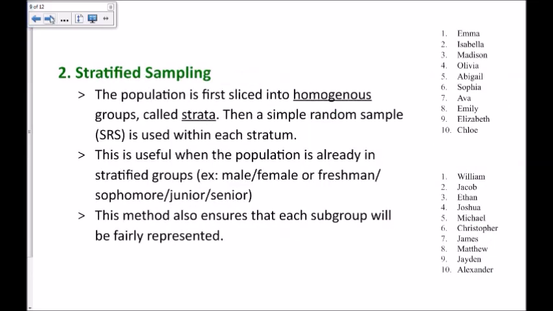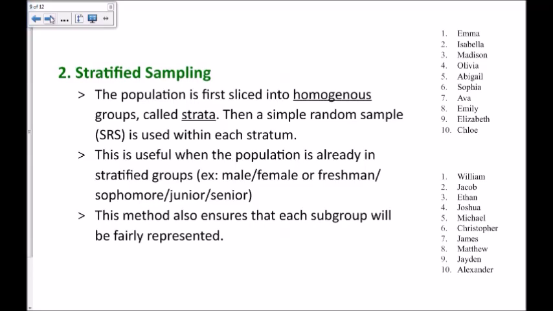The second is a stratified sample. Okay? The population is first sliced into homogeneous groups called strata. Within each group, they're all similar in some way. Then you do a simple random sample within each stratum. This is useful when the population is already in stratified groups, male, female, or freshman, sophomore, junior, senior. They're already somehow divided in a way that they are similar to each other.